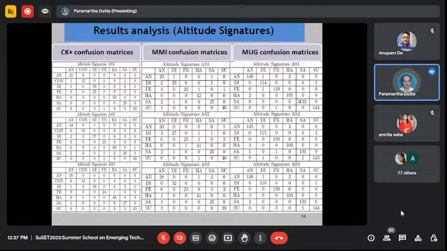So for each and every data set being considered, there are three altitudes, and corresponding to each type of altitude, there may be three accuracies reported, reflecting the performance in terms of these confusion metrics.